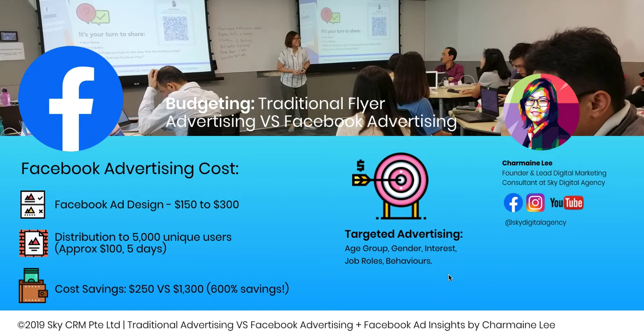Gender as well, if you think that moms are usually the person making the decision on tuition and things like that, you can target women only. You can exclude men, so that your advertising budget is used more effectively for the goal of this advertisement.